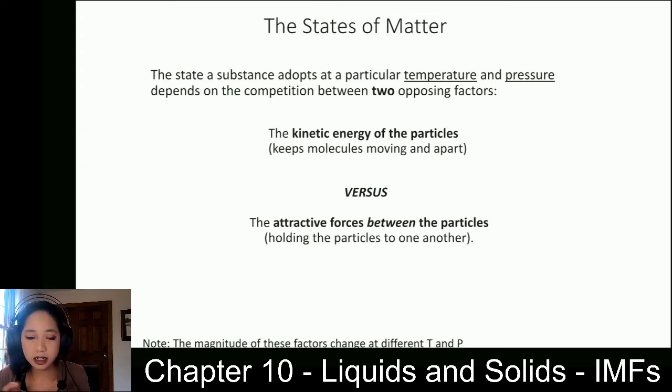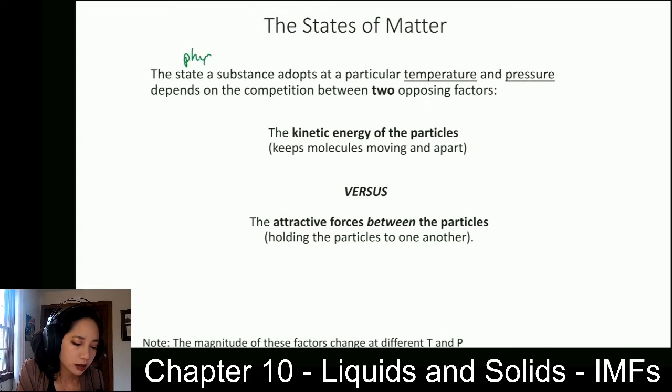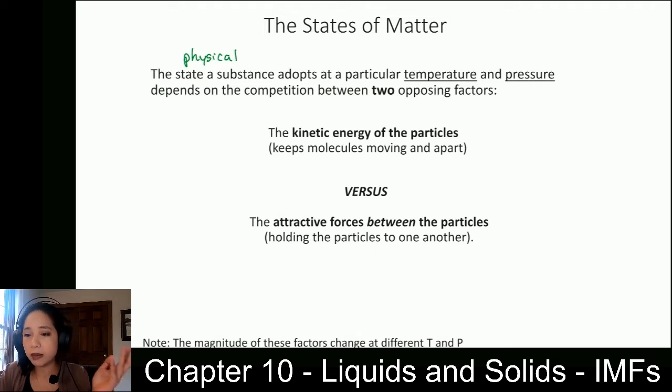So, the physical state that you see a substance is at a particular temperature and pressure. Let's just say ambient temperature and pressure, like on Earth. What phase does diatomic nitrogen adopt? We know nitrogen is a gas.